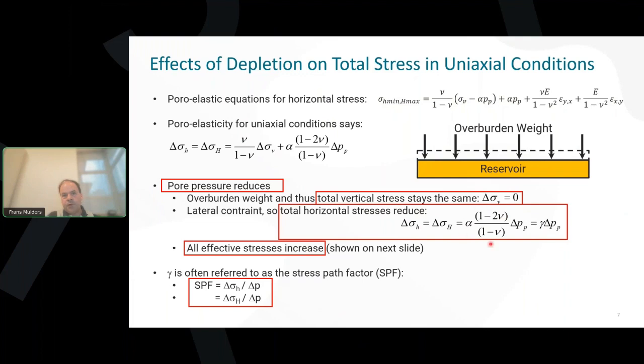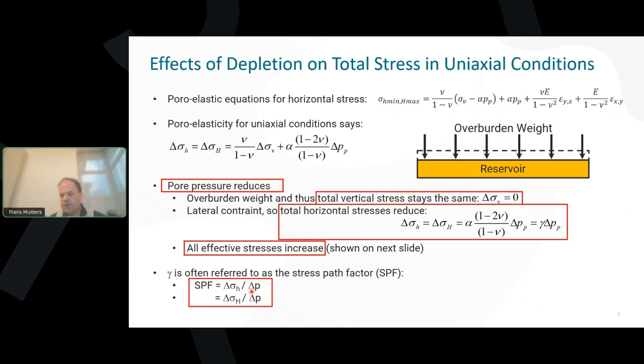So if you simplify this term with the rock properties, you can calculate what gamma is. Gamma is the stress path factor, or SPF. So the stress path factor is the change in total horizontal stress divided by the change in pore pressure. So the message here is basically 3.